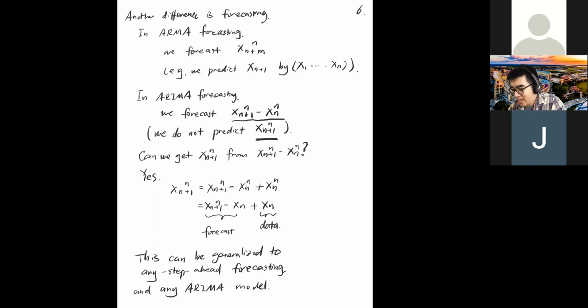So the idea is just this: you use the data and the forecast, and after some algebra, you will find your main interest.